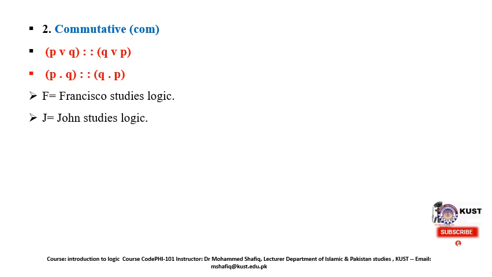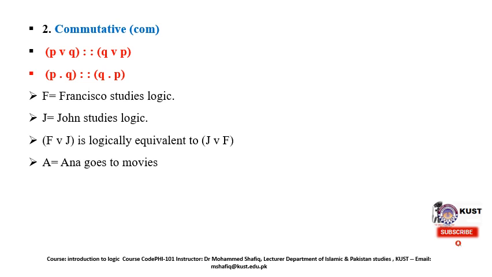J is the statement John studies logic. Now, F wedge J is logically equivalent to J wedge F. For example, either Francisco studies logic or John studies logic can be replaced with either John studies logic or Francisco studies logic. So both have the same truth value.